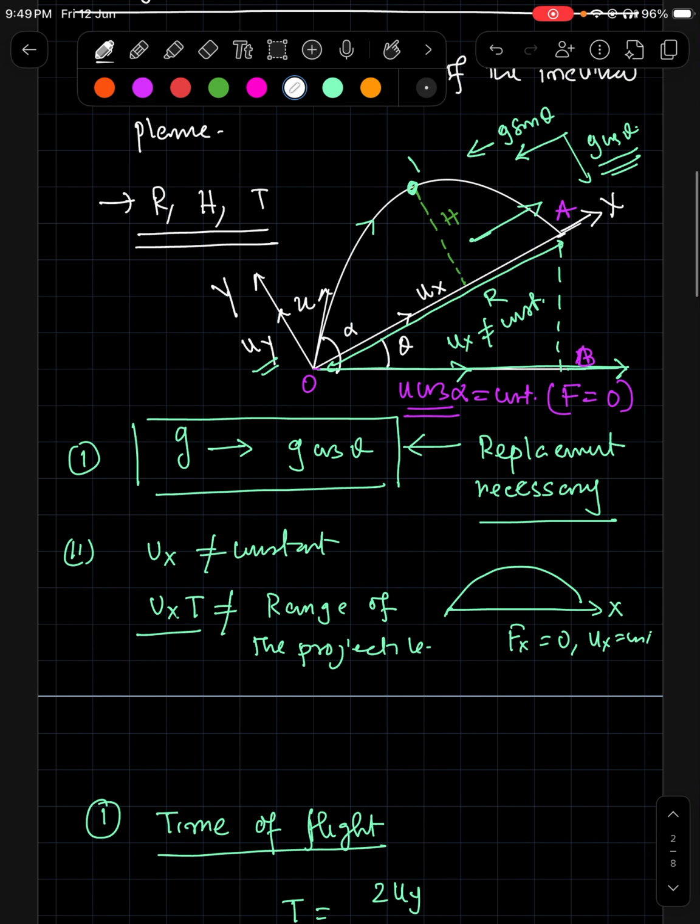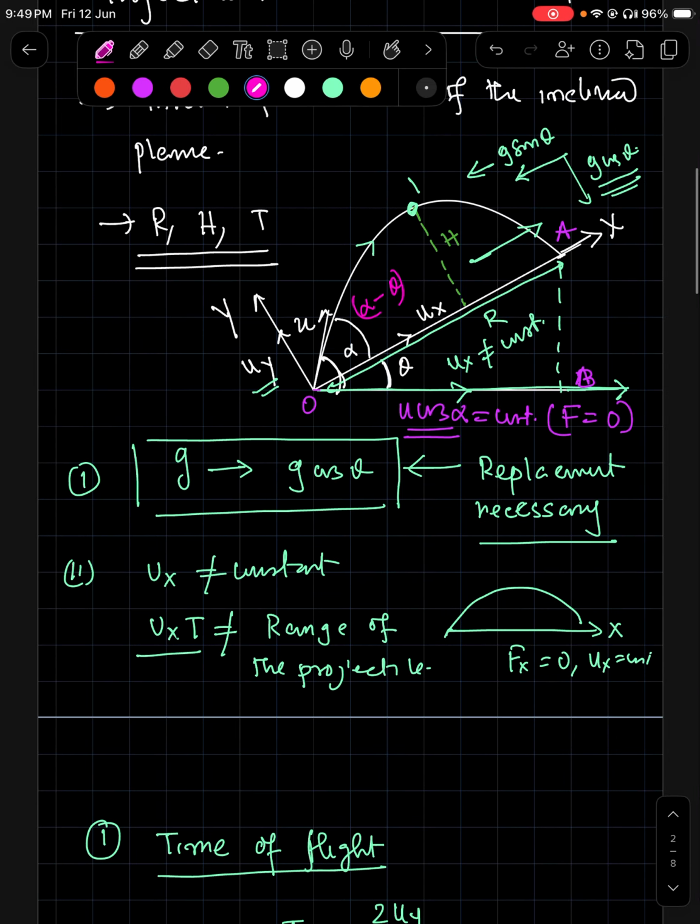From this picture we can easily see that if the angle of inclination is theta and u makes the angle alpha with the horizontal, the rest of the angle is alpha minus theta. So ux is u cos alpha minus theta and uy is u sine alpha minus theta. I think it is clear. It is now the angle of projection.